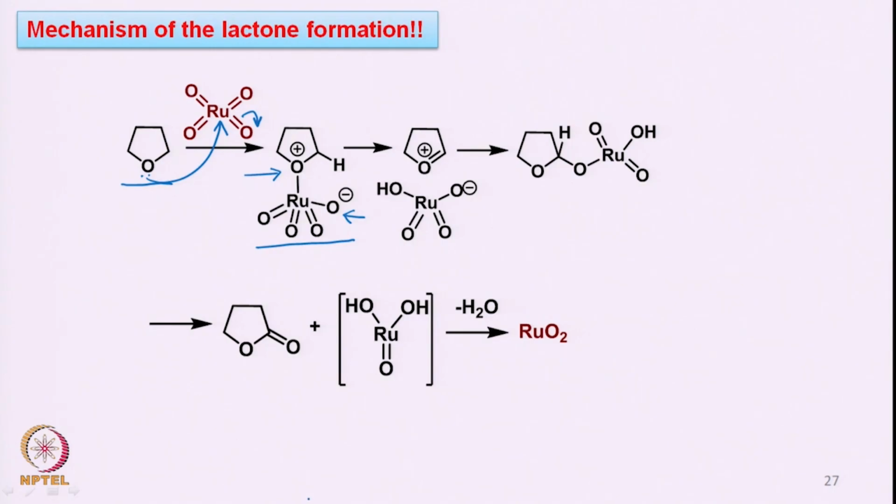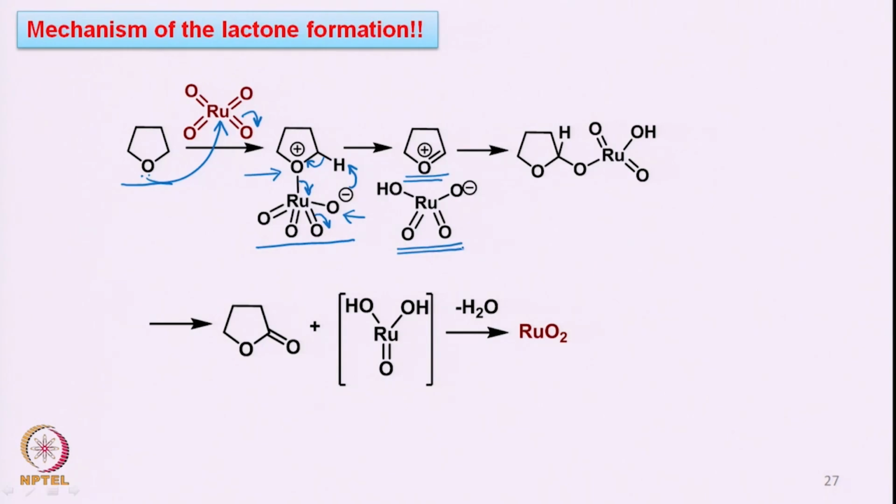Now what can happen is this negatively charged part of the ruthenium species is able to take the proton from here, and in the process it breaks in this fashion to form an oxonium ion and another ruthenium species of this type.